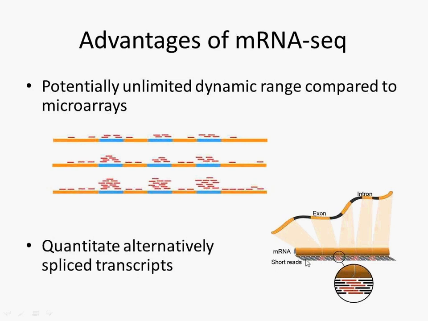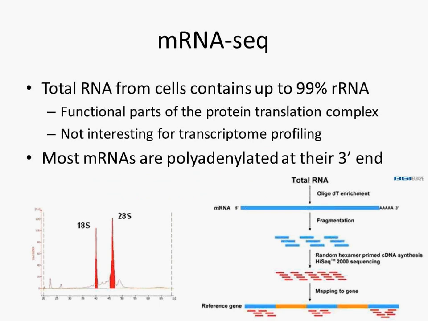When you align reads to mRNA, there are some key features, such as the gaps where introns have been spliced out, and by analyzing the reads that fall across the exon junction, you could actually identify whether an exon was skipped or an exon was added, thereby allowing you to detect more than just the expression level, but the differential alternatively spliced transcript expression level.